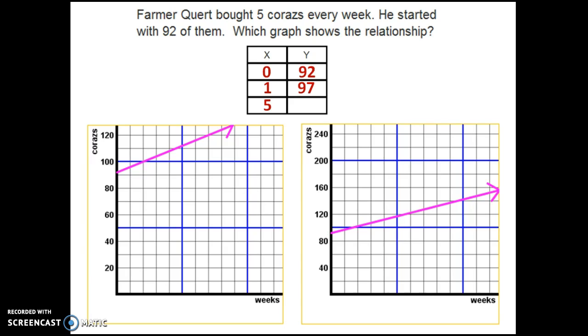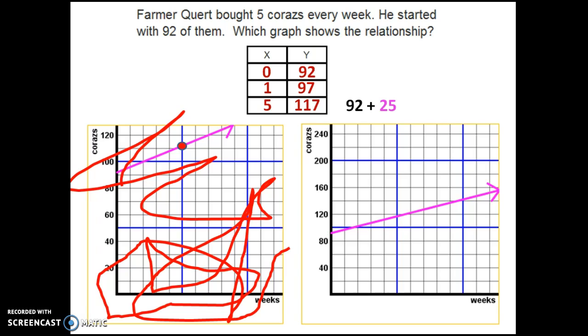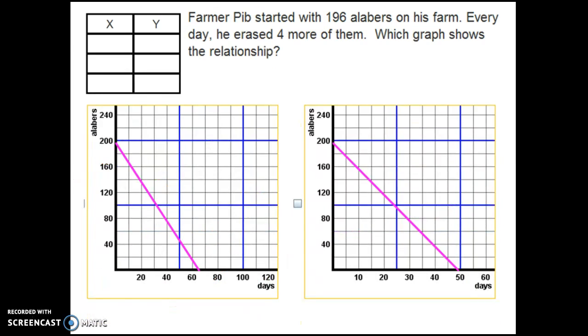Let's take a look at what happens after 5 weeks. So after 5 weeks, we have 92 plus 5 times 5, which is 25. So 117 Corazes. So if we plot these values, we'll see that our first one is just a bit too low. We're coming in there more like 112, not 117. So the graph that we need to have must be the second one.